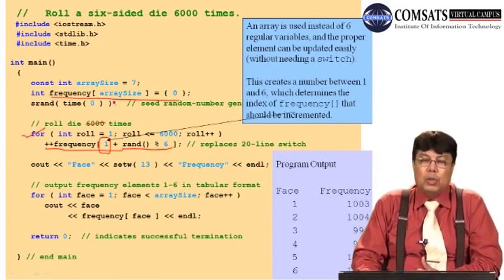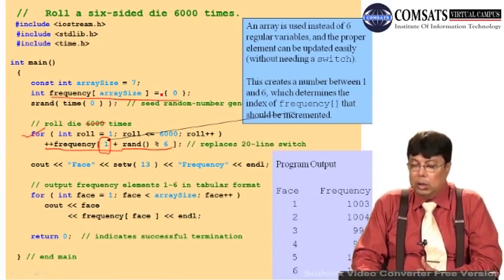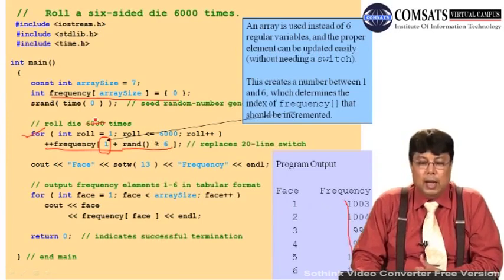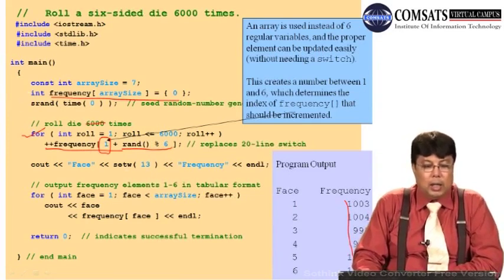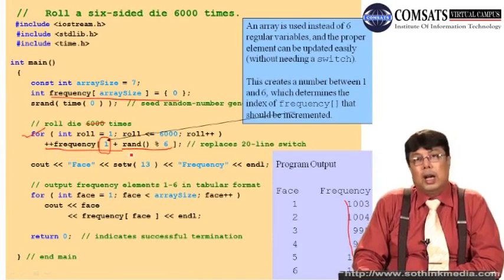Then we have initialized it to 0. So initially all these frequency values should be equal to 0. Then what we have done here, we have rolled the dice, and after rolling the dice basically we generate a random number. Now in which range will the random number come?